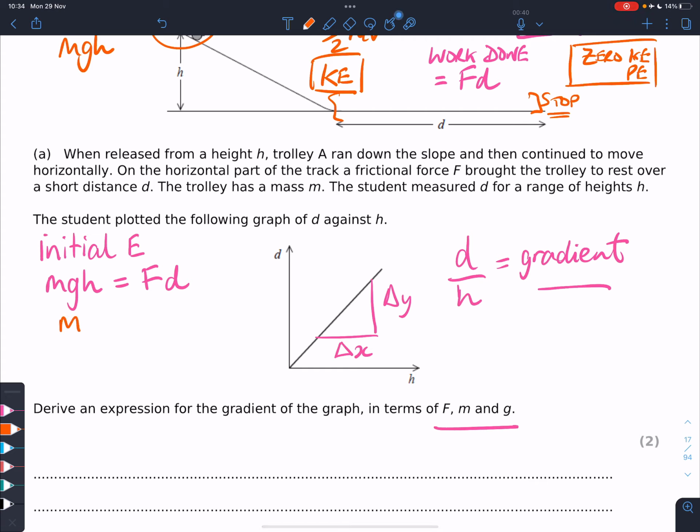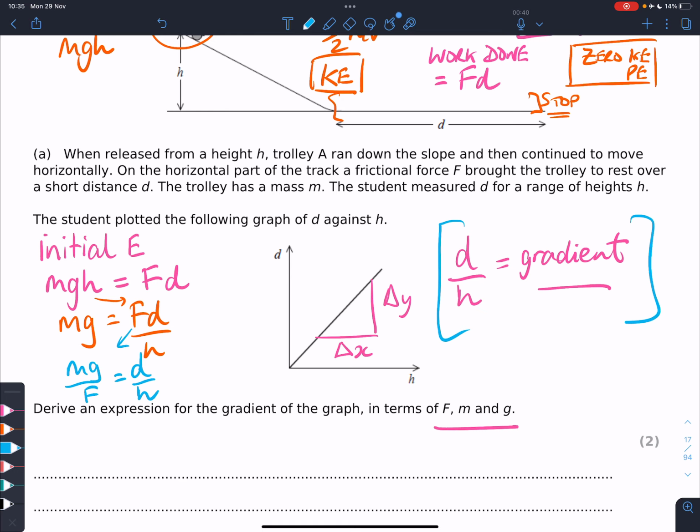We can write it as mg equals fd over h by moving the h to the bottom, and we can also then do the next step, getting rid of this f. So we could write it as mg over f is equal to d over h. These two steps mean that we can write it as an equivalence to the gradient.